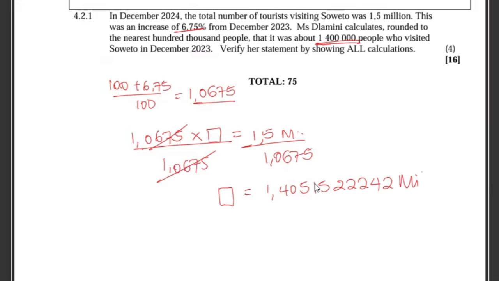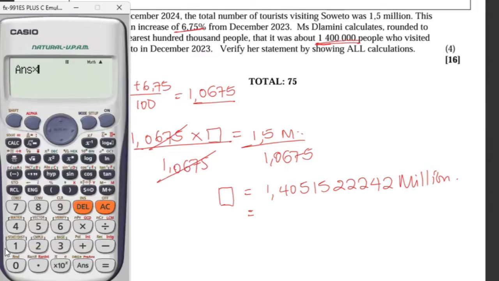But these are what? Millions. Let's change it to millions. Just multiply by 10 to the power 6, because a million is that. So it's 1,405,152.